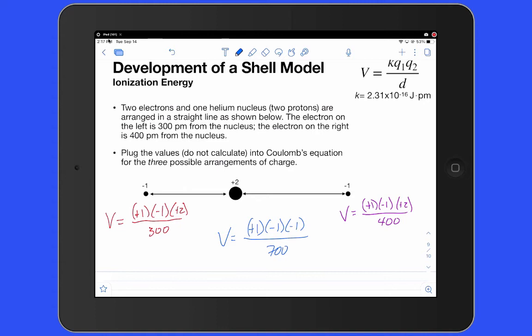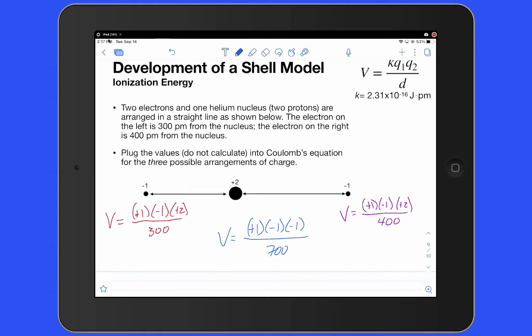Both of them have -1, right? How far away are they from each other? 700. Because the left electron is 300 away from the +2, and the right electron is 400. That means they're 700 away.